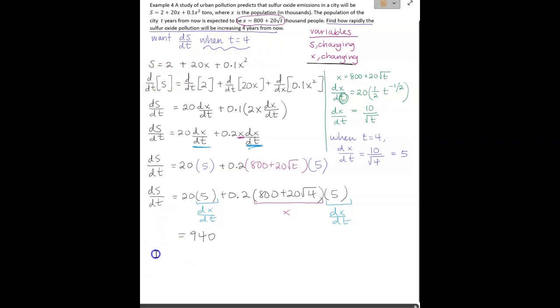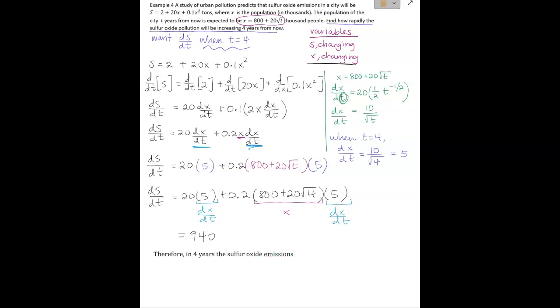So what that means is, let me make this a little bit larger. Therefore, in 4 years, that's the t value that we plugged in, and what are we talking about? Well, we're talking about the sulfur oxide emissions.